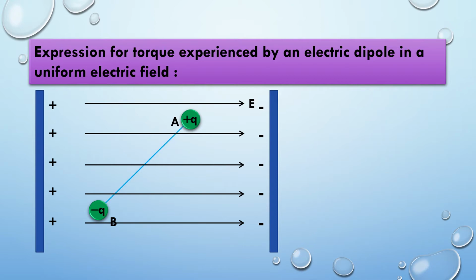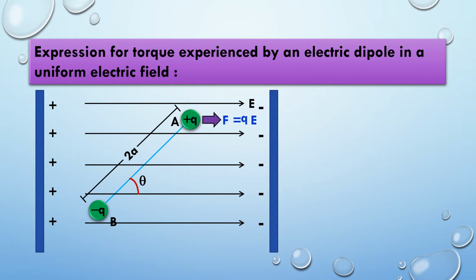Similarly, I'll imagine a line joining both of them, and the angle created between the dipole moment and the electric field, we will call theta. As all of us know, the dipole moment is always directed from the negative charge to the positive charge. Let us consider the distance between the two charges to be equal to 2a.